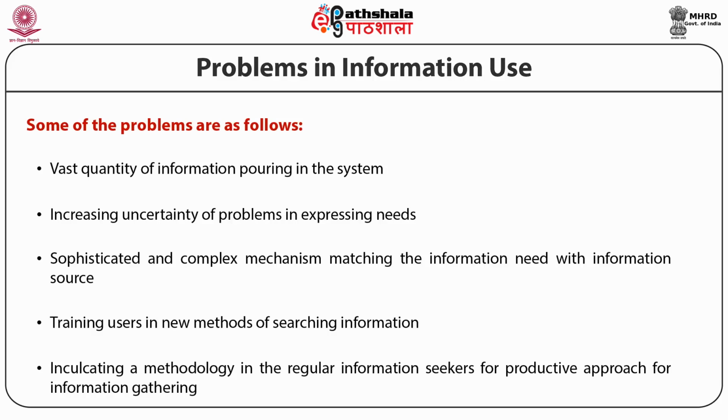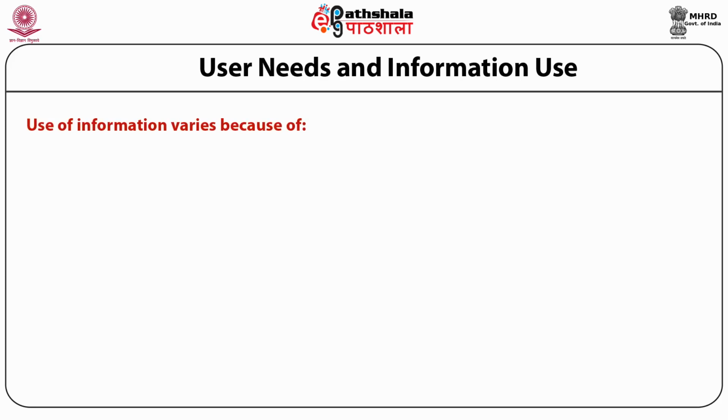There is a need to inculcate a methodology in the regular information seekers for a productive approach to information gathering from the library system. Use of information also varies because of user behavior, which changes from time to time, with the change in the problem, the topic, the subject of interest.